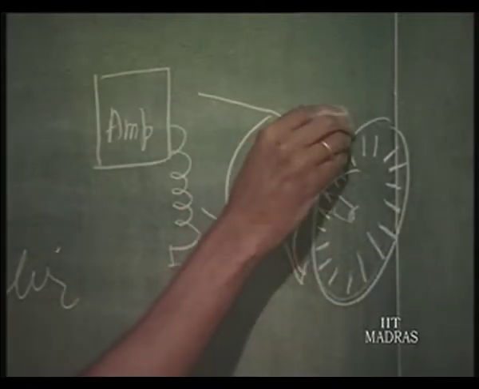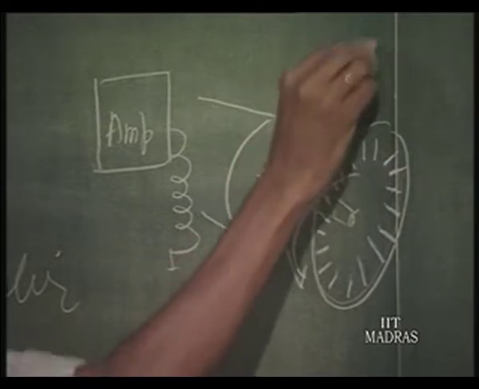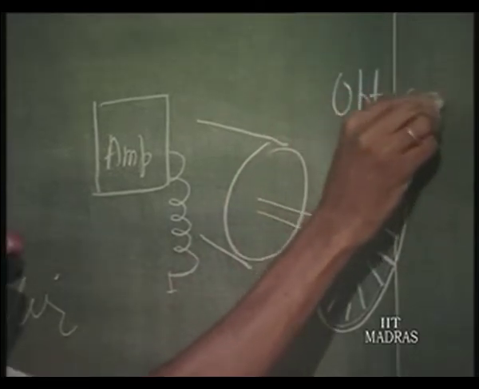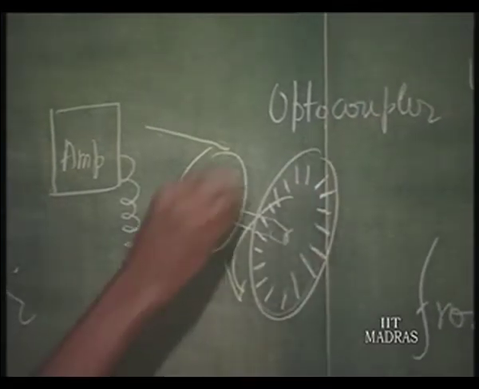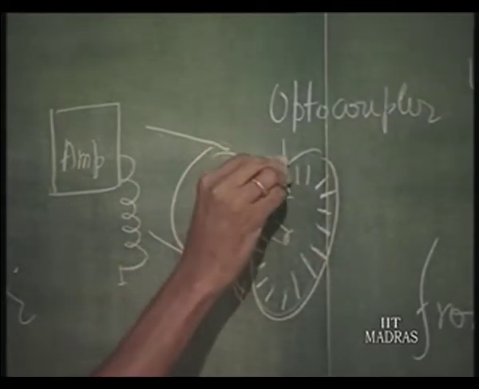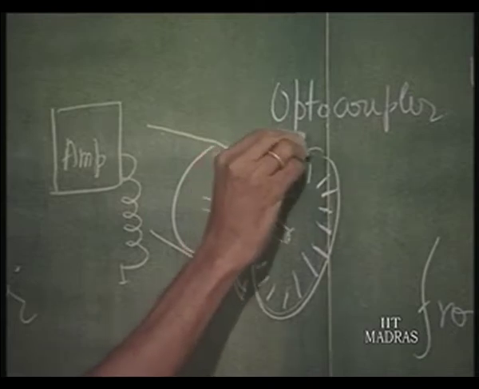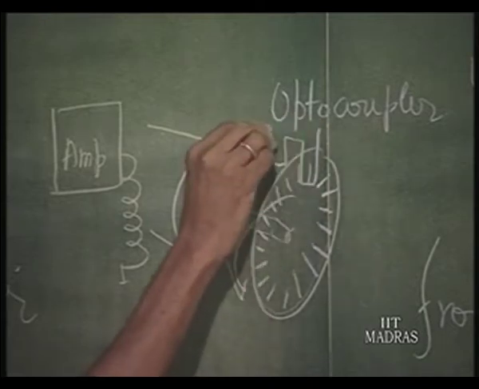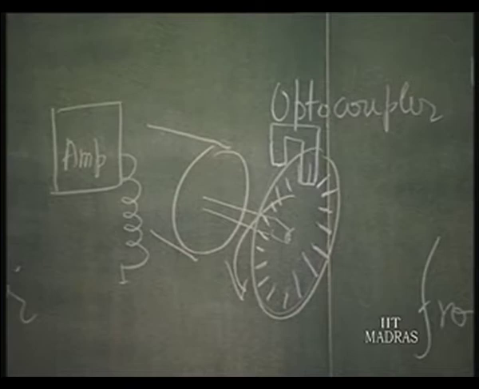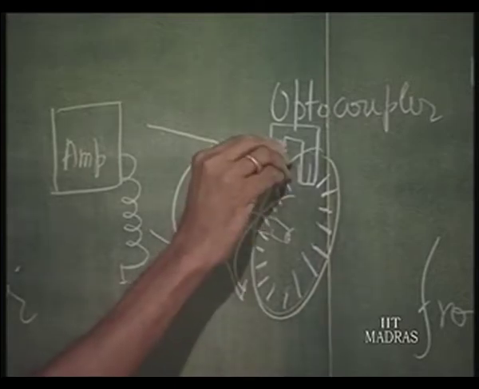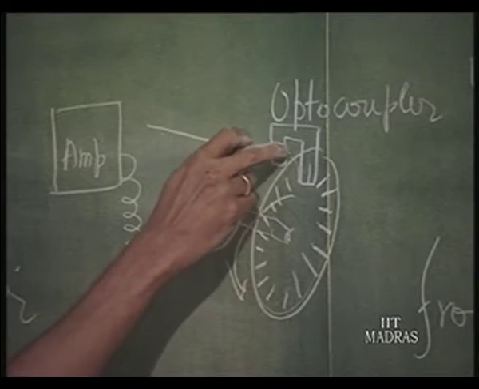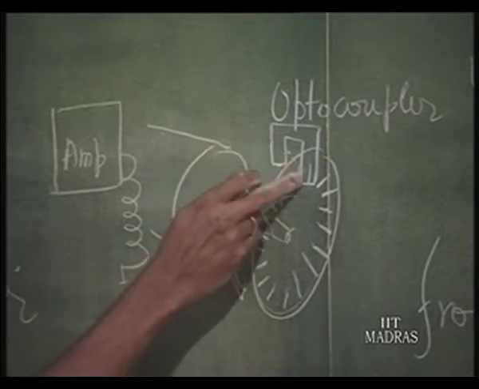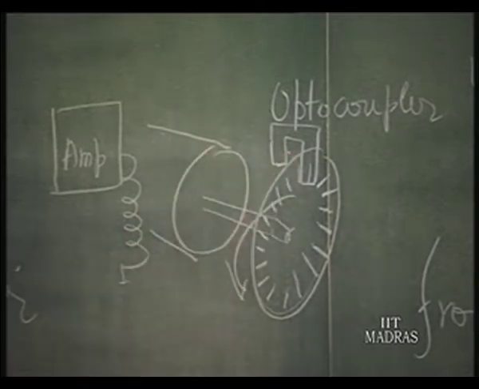And then you put what is called an optocoupler. This is a device which is available where there is an LED at this end, and there will be a light detector on the other end, and there will be a slit in this, so that the light emitted from the LED passes through the slit and gets detected by the detector.